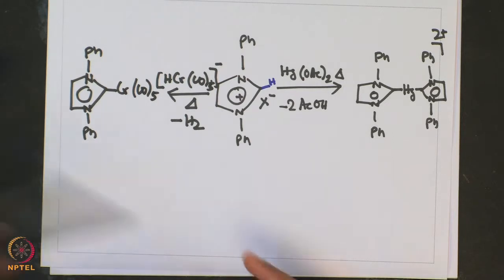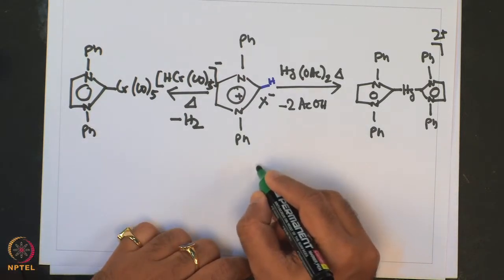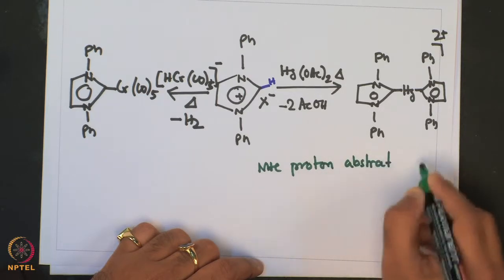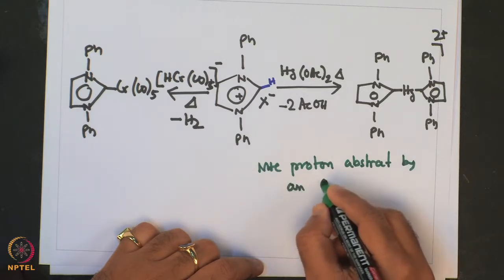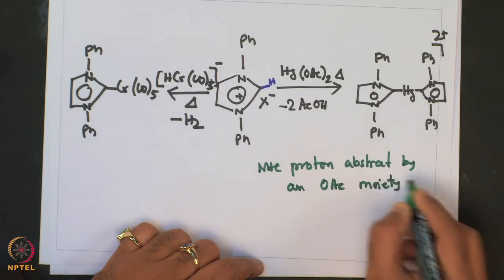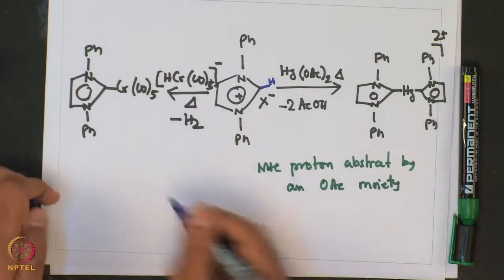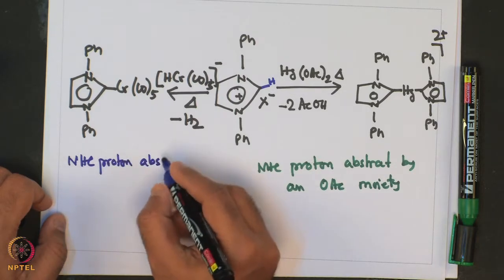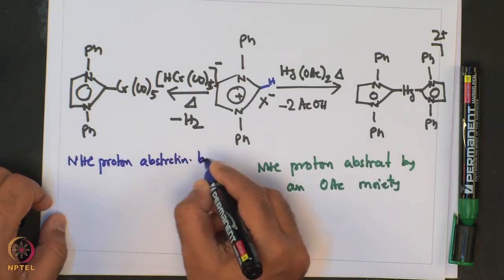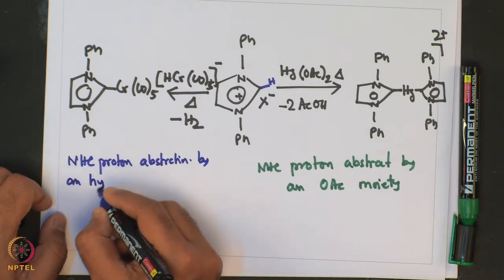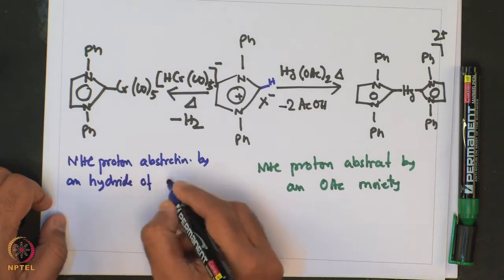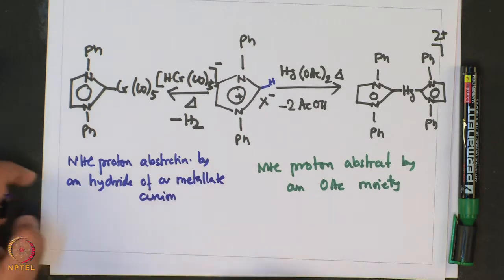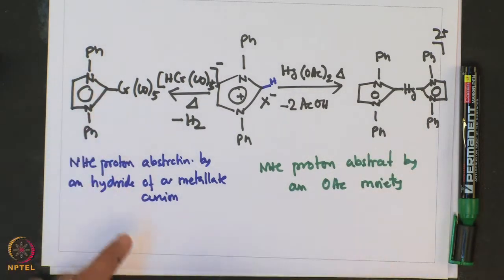Now, the beauty about this experiment is that on one side there is NHC proton abstraction by an acetate moiety, and on the other side the same NHC proton abstraction by a hydride of a metallate anion, and both yield transition metal NHC complexes from this precursor.